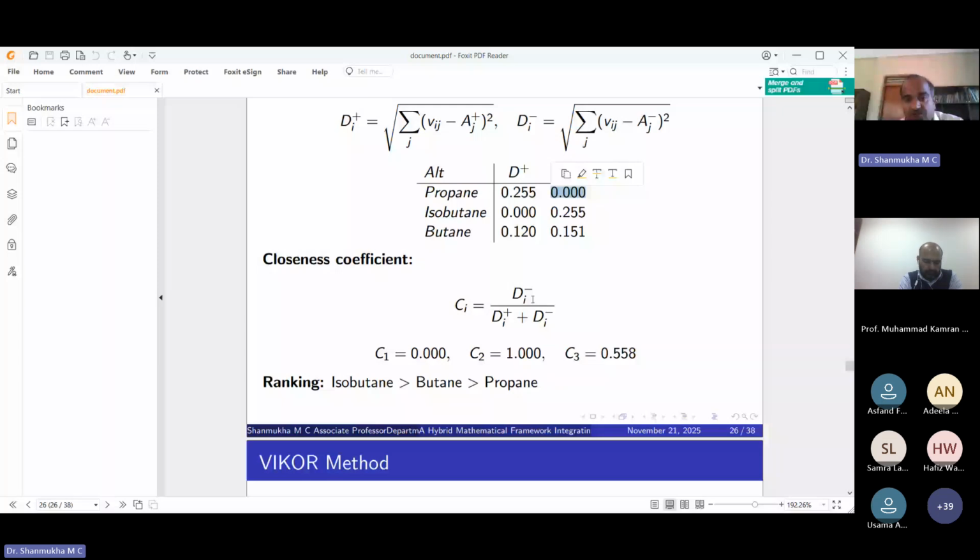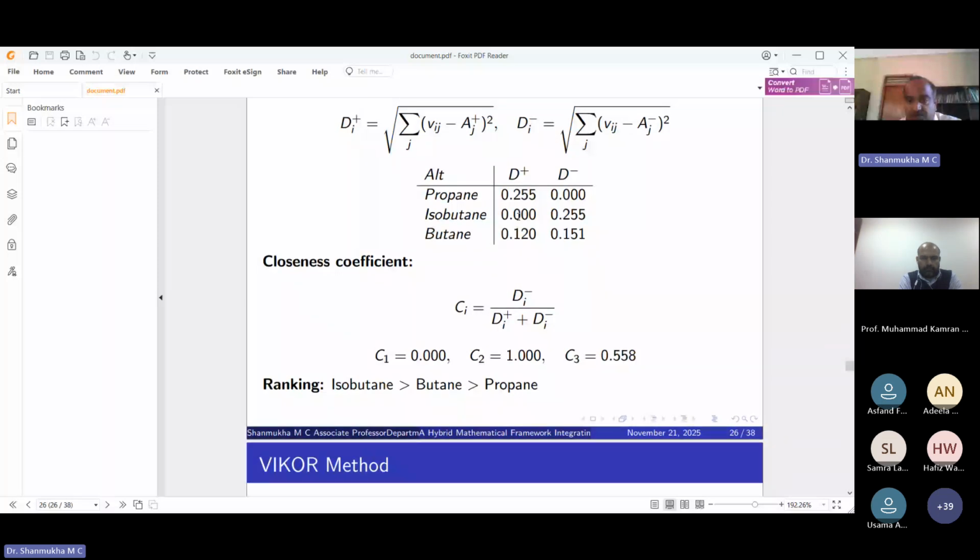Then we move on to C2. C2 means isobutane. Here Di minus value 0.255 upon Di plus value 0.00 plus Di minus 0.255. On simplification, 0.255 upon 0.255 is equal to 1.